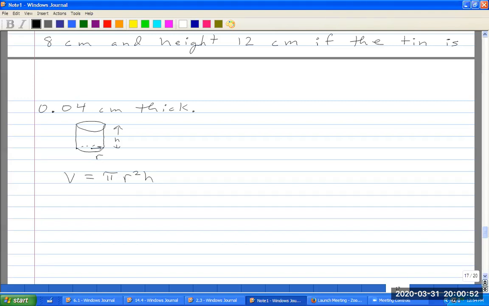I want to approximate the thickness of this can.